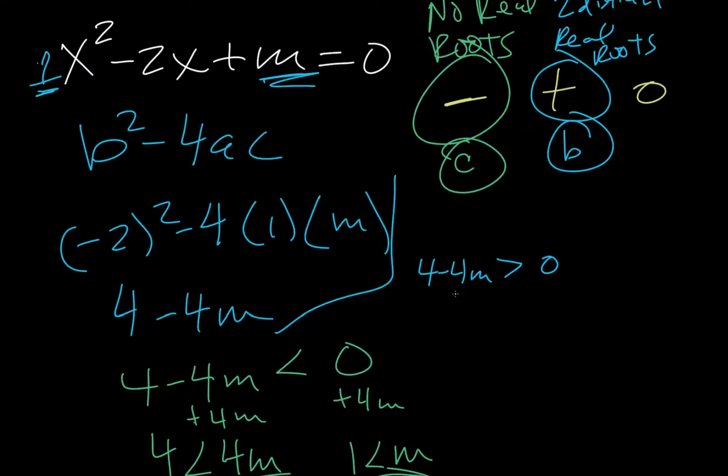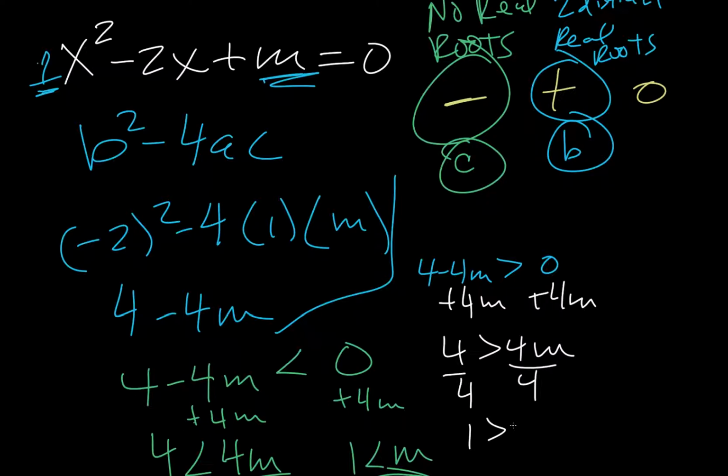Okay, we go through the algebra again, add 4m, 4 is greater than 4m, divide by 4, divide by 4, 1 is greater than m, or m is less than 1. So when m is less than 1, then this stuff happens. We have two distinct real roots, which is a positive discriminant.